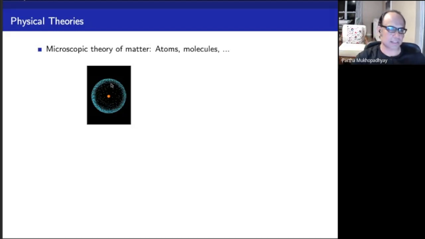There is no trajectory for the electron. And the reason is that although it's a mechanical system, the way the mechanics works is very different from the previous example. The previous example is something called classical mechanics. Here, the law of mechanics changes.